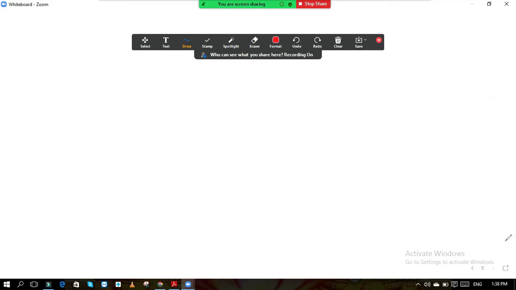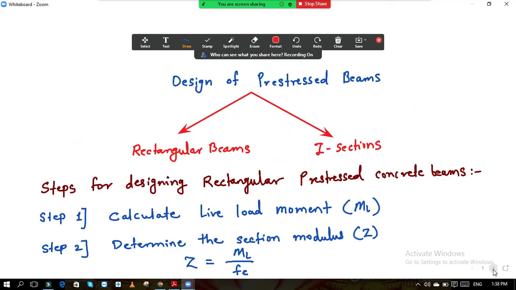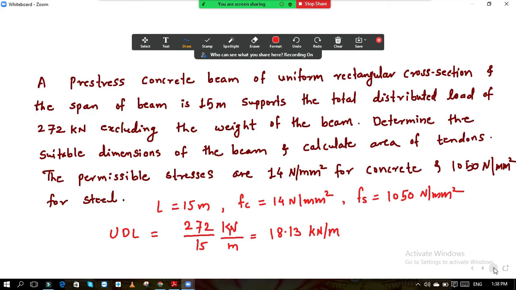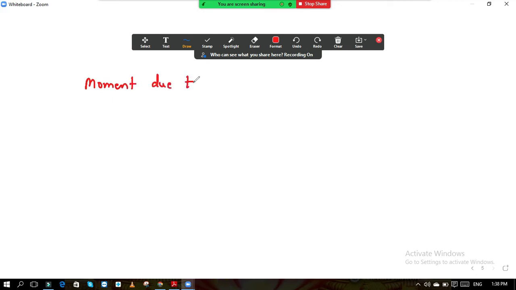So now step number 1, what the first step says, see here, calculate the live load moment. Imposed load is given to you, that is this UDL. So now in step number 1, we will calculate the live load moment. I will write here moment due to live load, Ml.